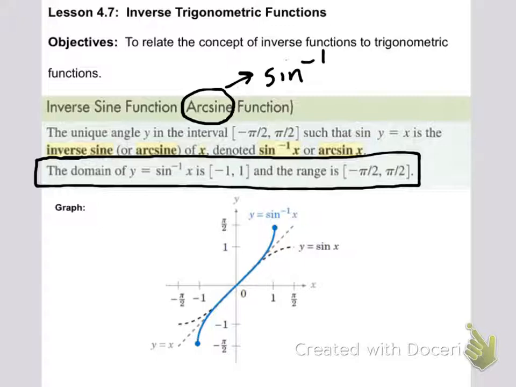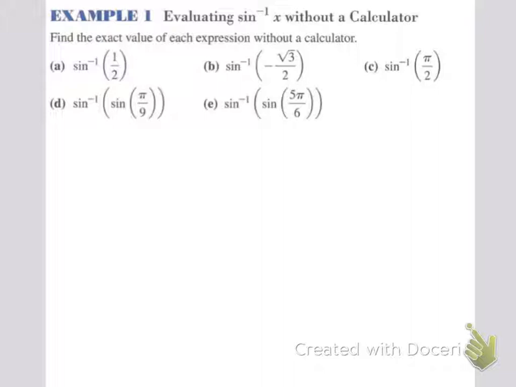If you remember back to 4.4, for sine the domain was all real numbers and the range was from -1 to 1. Notice now the domain is from -1 to 1. Very important that you understand that fact, because I don't really care about the graph.